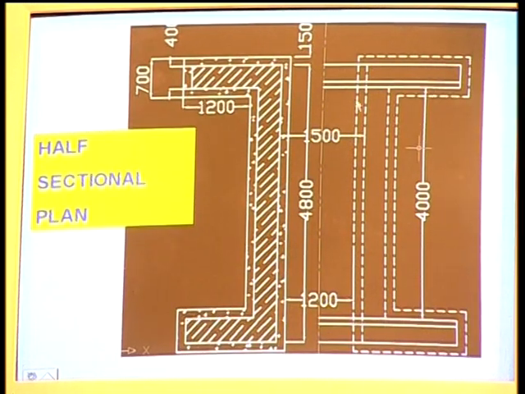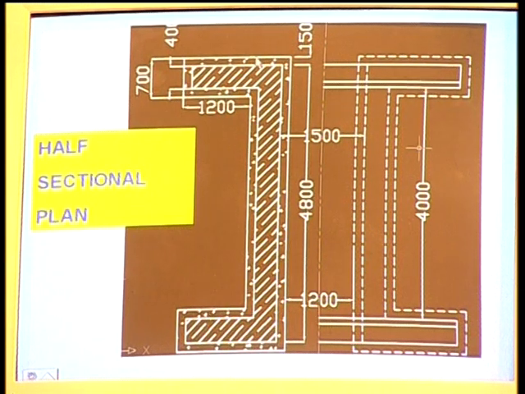Now, look at this plan. In examination generally you will get the plan, the sectional plan at bottom and the sectional plan at top. Now, you can see here, this one is the excavated trench, which is filled with CC bed.